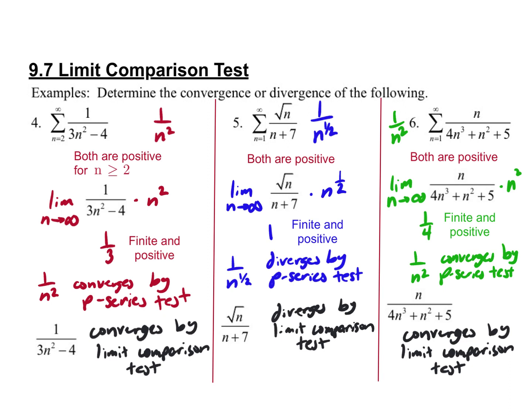What other condition do you need? That it's increasing? Yeah, it's increasing, positive, and continuous. Good question. But for the limit comparison test, we're not actually testing the p-series, right? We're using a p-series problem that we already know.